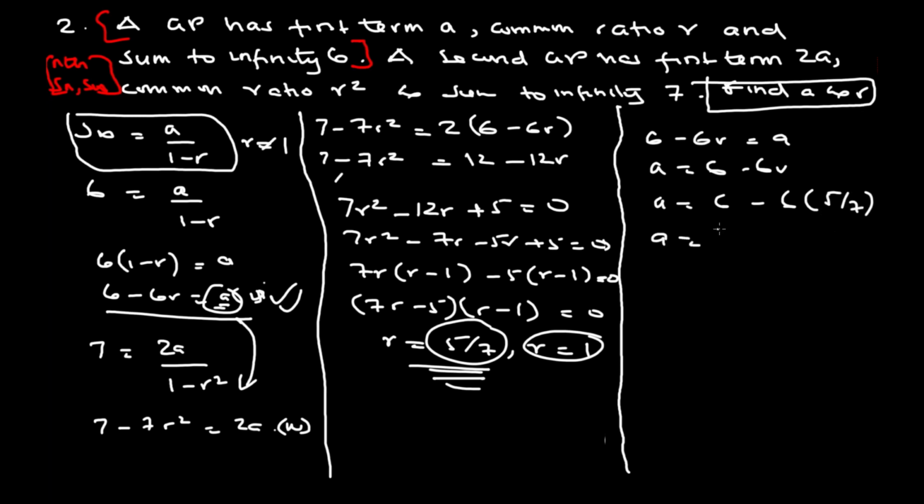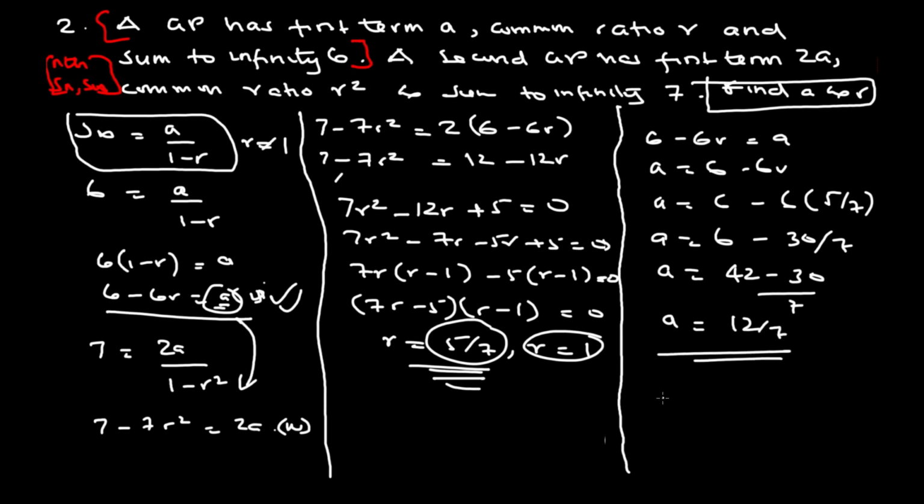So A is going to be 6 minus 30 over 7. So A is going to be 42 minus 30 over 7. This is going to be 12 over 7. Okay, so we are saying that A is equal to 12 over 7, and then R is equal to 5 over 7.